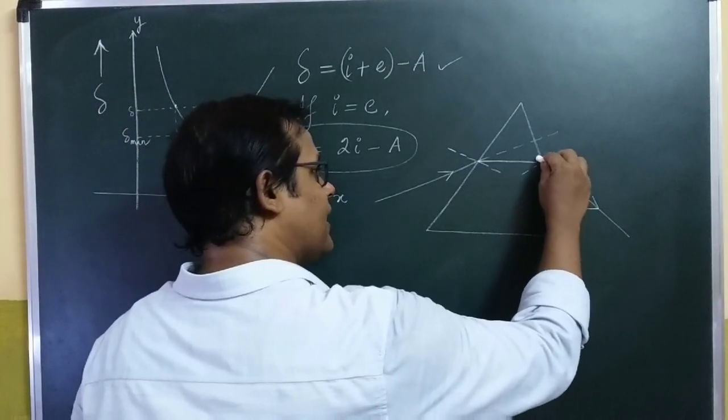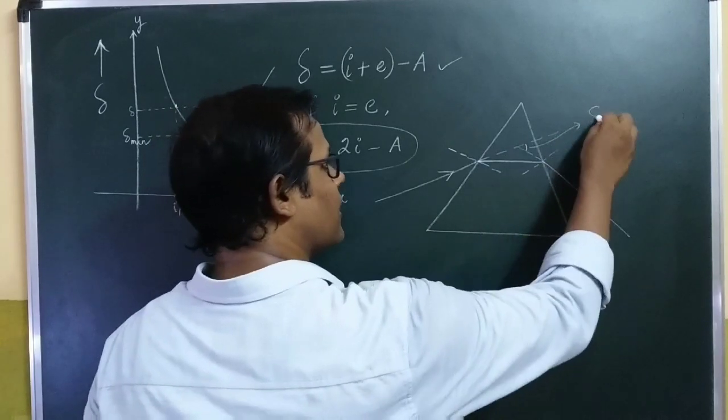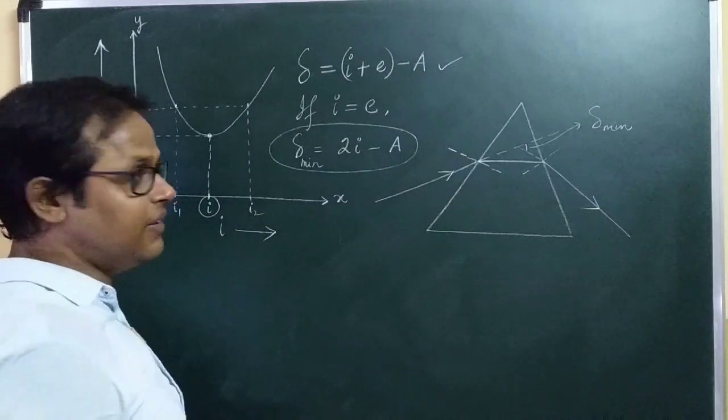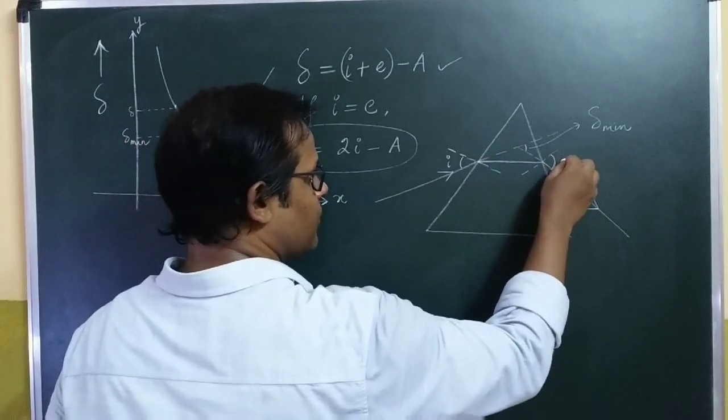So this angle of deviation, what I find over here, is called the delta minimum, the minimum angle of deviation. So physically I will be equal to E.